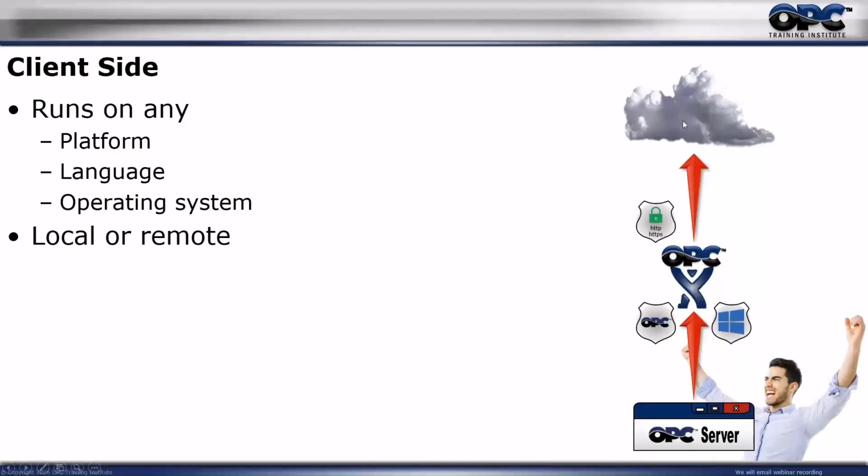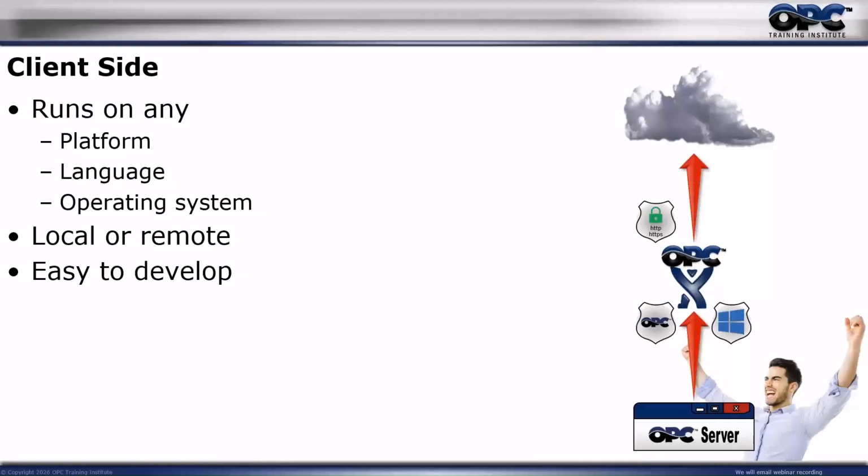This one here can be local or remote to this one over here, to the server side. So the client side can be local on the same PC as the server, or it can be remote. For example, you can be on a phone, and of course you can be remote. You can be in the factory, or you can be on the internet too. So you can have a local or a remote connection. Quite easy to develop, and that's actually what I'll show you here.